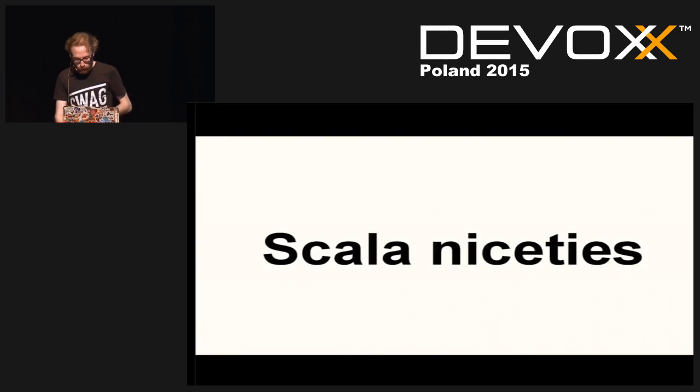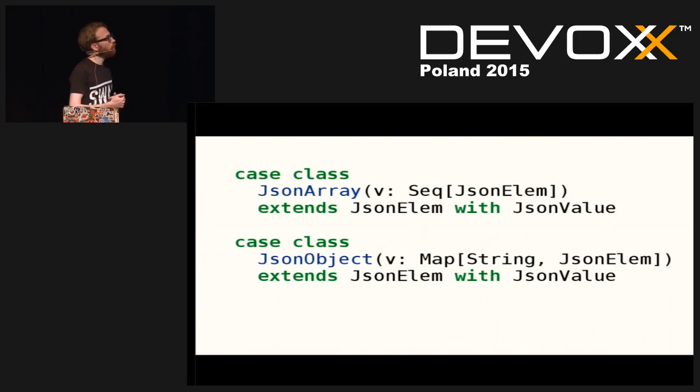In Scala, since we can do it manually, I just have to create a new trait called JSON value and extend it only with JSON array and JSON objects, which is arguably more elegant than just wrapping in 3 different types.